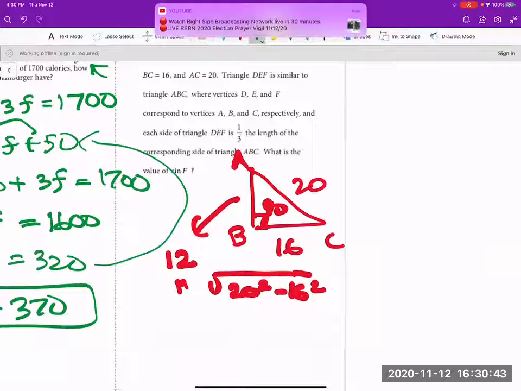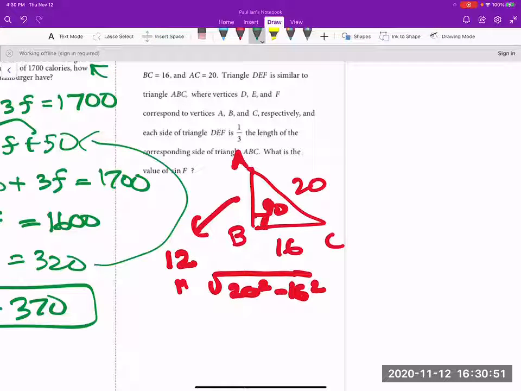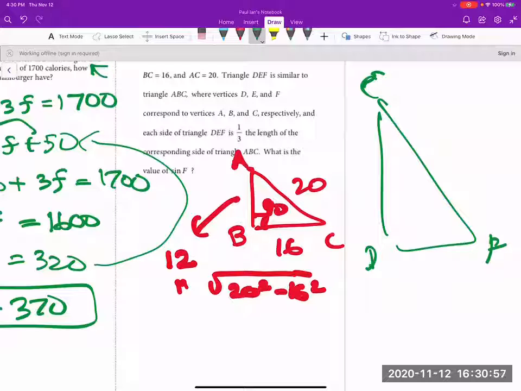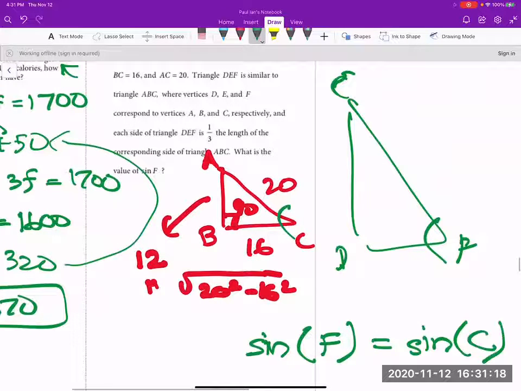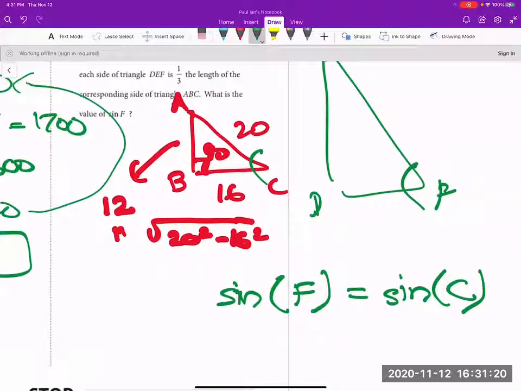Since triangle DEF is similar to triangle ABC, the question is asking for the sine of F. Since they're similar, it has to be the same as the sine of C. What is the sine of C?